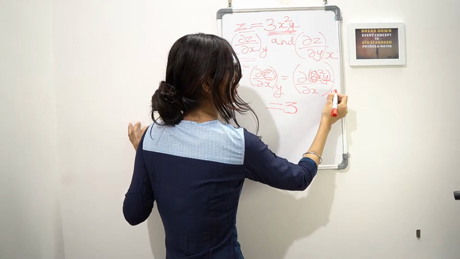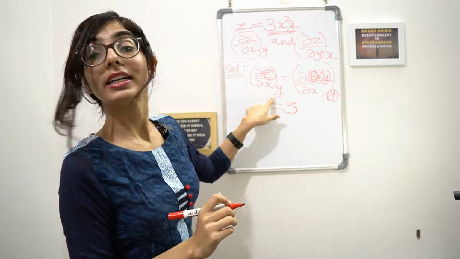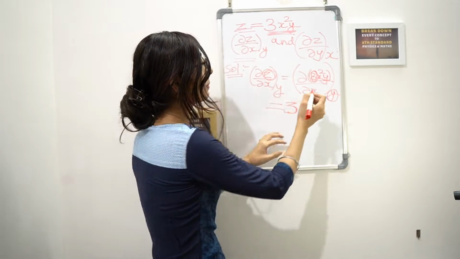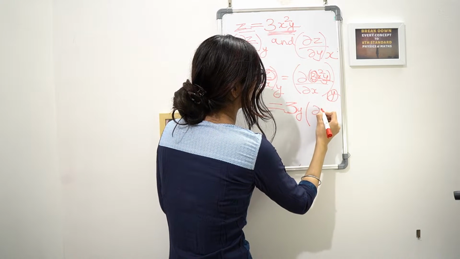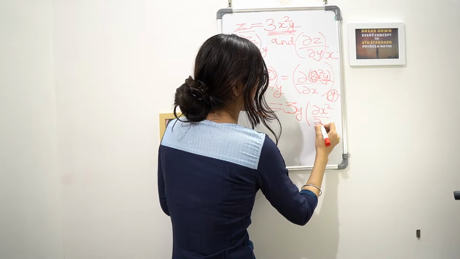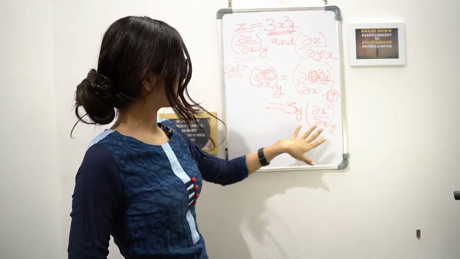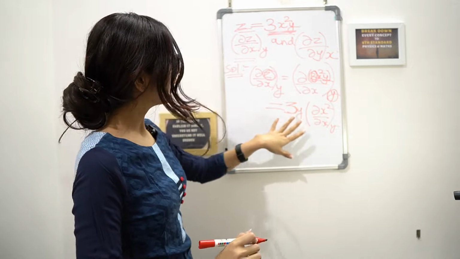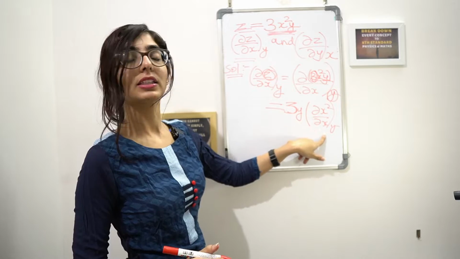And you can see this whole equation is at constant y. So I'll be taking y outside as well and keeping the x square inside. Fine guys. Am I clear? 3y del x square by del x, keeping y constant.